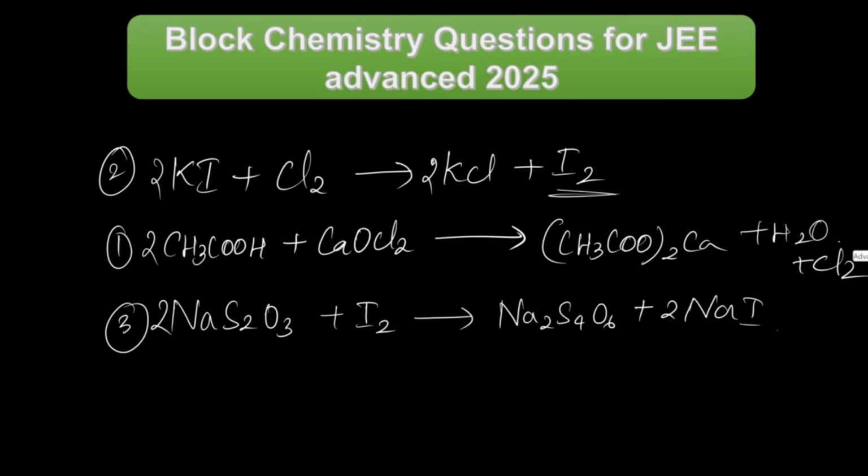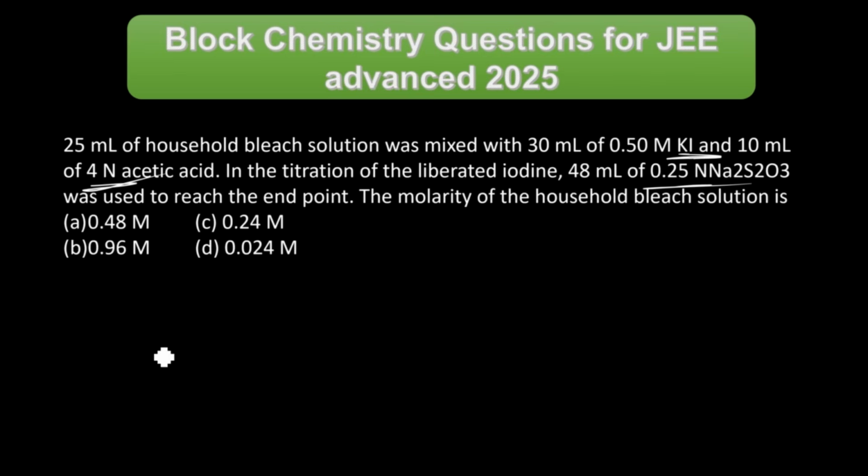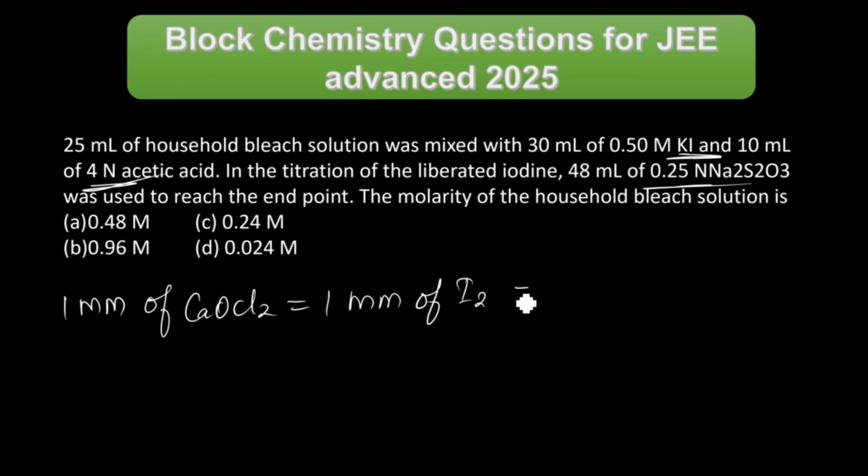So I can write it as 1 millimole of CaOCl2, which is equal to 1 millimole of iodine, which is equal to half millimole of thio. Right? So how can I derive the millimoles of bleaching solution?